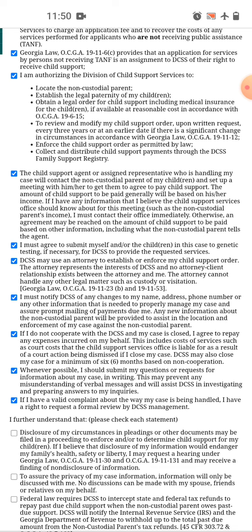I must notify DCSS of any changes to my name, address, phone number, or any other information that is needed to properly manage my case and assure prompt mailing of payments due me. Any new information about the non-custodial parent will be provided to assist the location and enforcement of my case against the non-custodial parent.